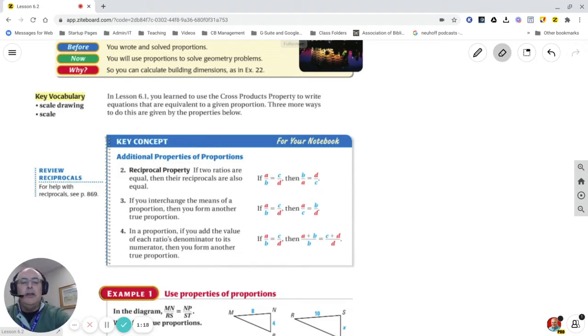So that's one of the key topics and one of the key things that we're going to need to really understand as it relates to the rest of this chapter, starting here in lesson 6.2.